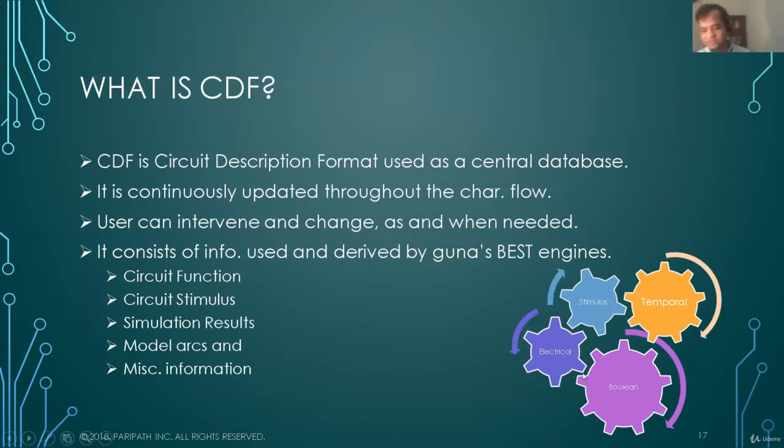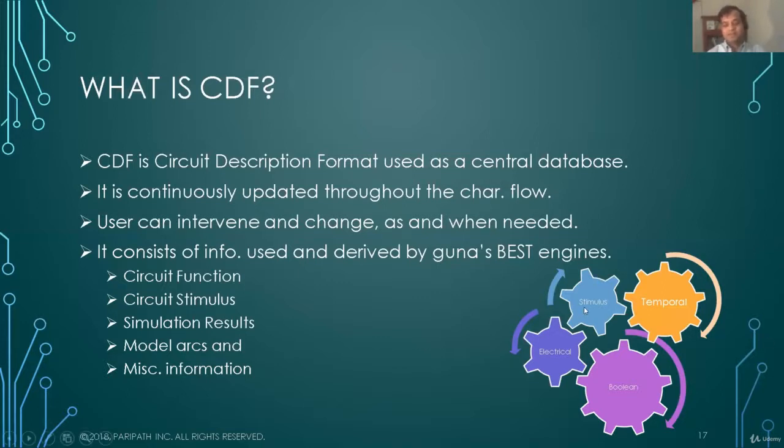So BEST engine is essentially an acronym for 4 engines Guna has internally, which it uses for characterization and other features. The B stands for Boolean, whereby looking at a circuit, it can identify what kind of circuit it is. E is for electrical. It can also extract some of the electrical characteristics, like looking at the cell or the circuit.